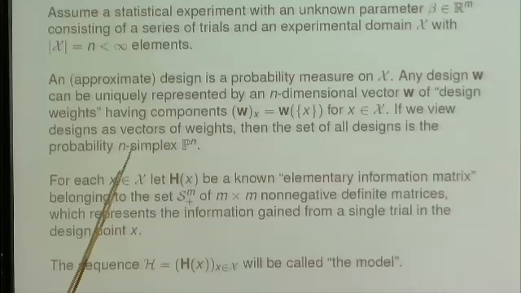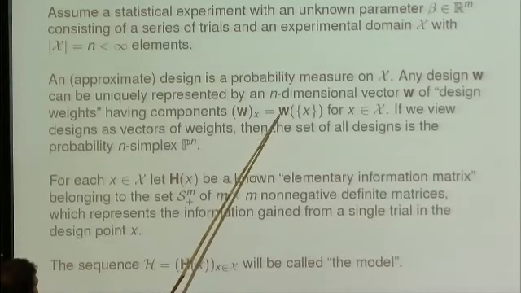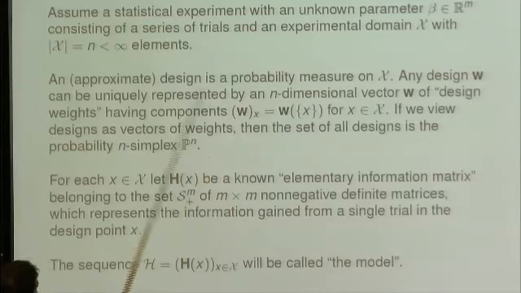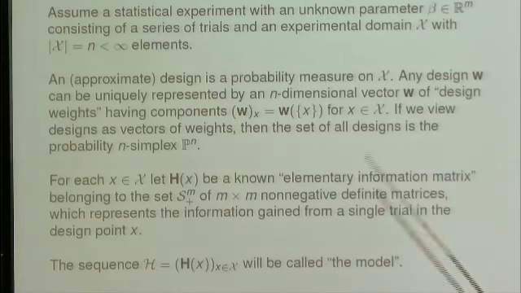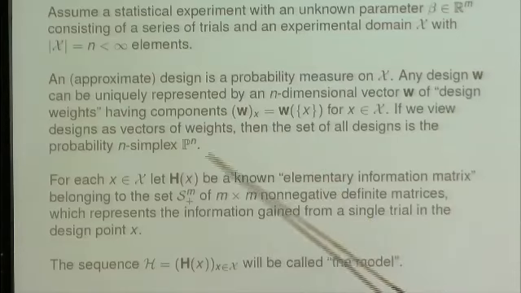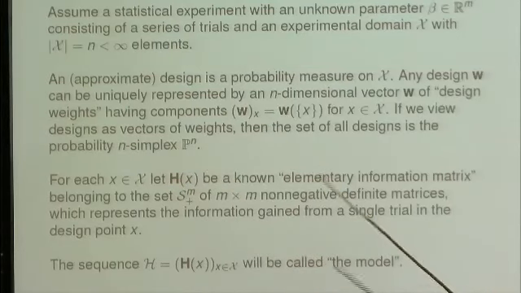So I will use the same notation, the same symbol, to denote the probability measure, bold W, and the vector of design weights, W. Of course, when the experimental domain is finite, we can represent it either by probability measure or by a vector. These vectors live on a probability or unit n simplex, which I will denote Pn.